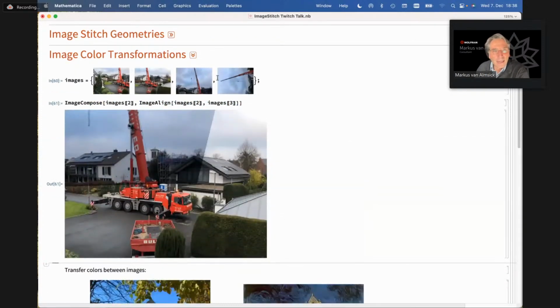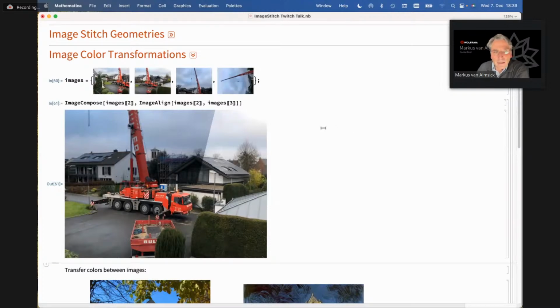You can clearly see that where this image was taken, the aperture was much smaller, and the image appears to be darker than the image that was taken down here, which is image 2. So what does it tell us? Not only do we have to make sure that images are aligned geometrically or spatially, they also have to be aligned, or at least equilibrated to a certain degree, with respect to their color space.